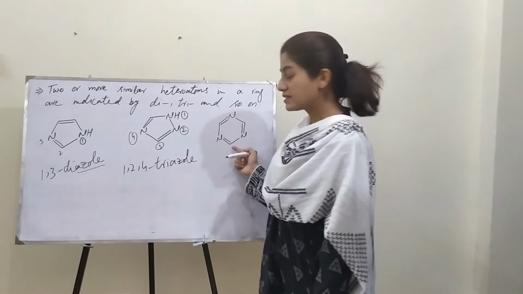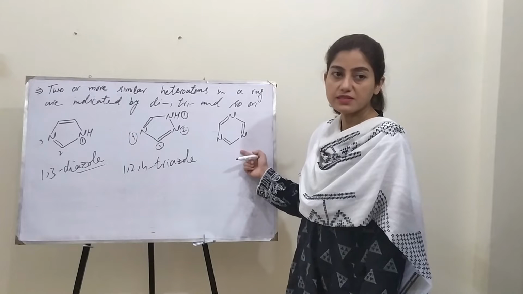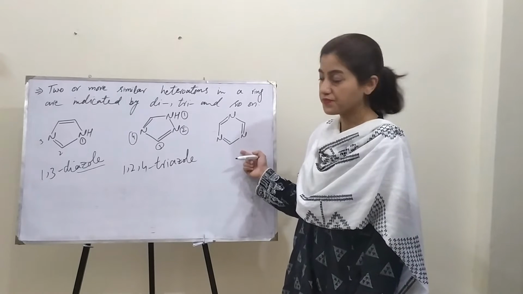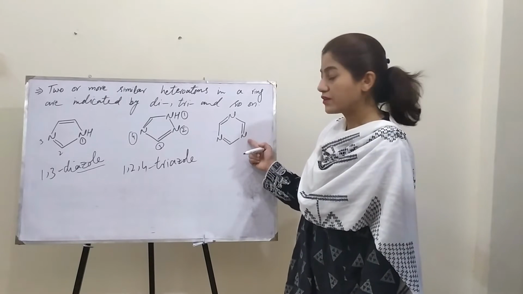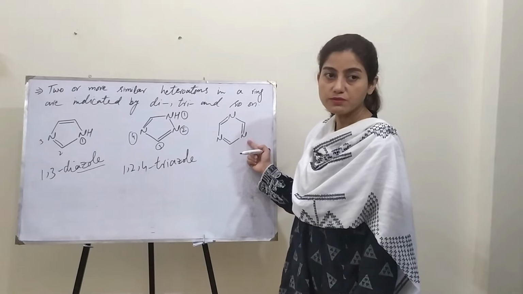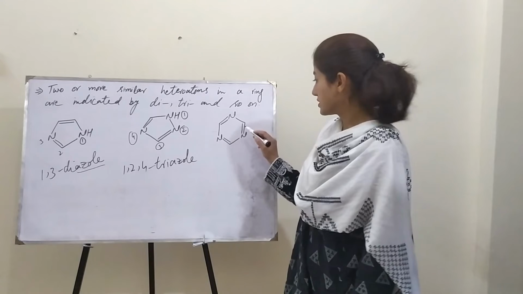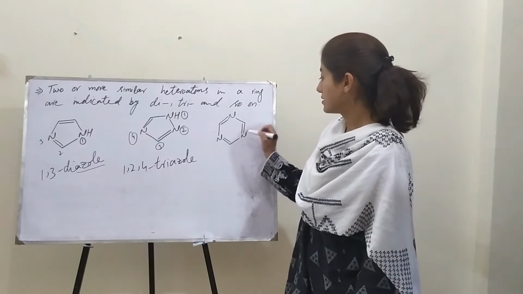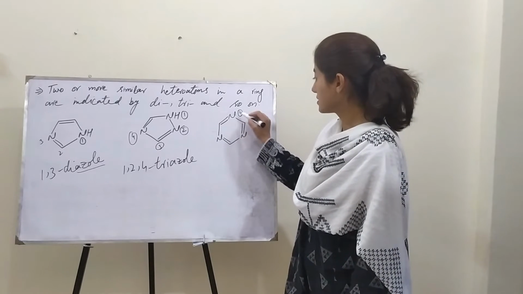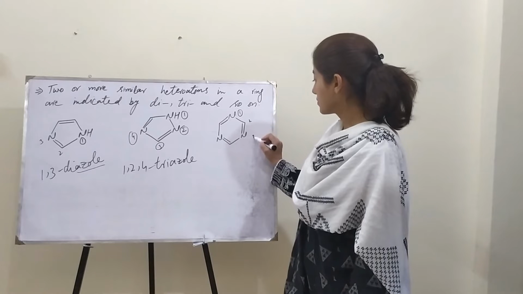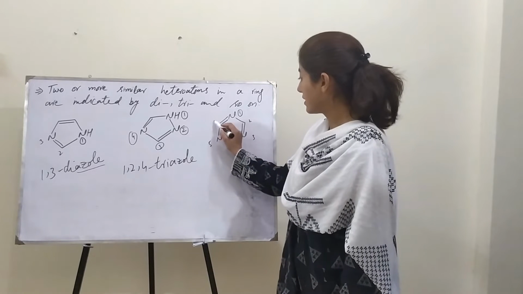And in this case, this is the 6-membered unsaturated system containing nitrogen atoms. And here there is no nitrogen in the saturated form. So we may start the numbering from either nitrogen, either this one or this one. So we start from this: 1, 2, 3, 4, 5 and 6.